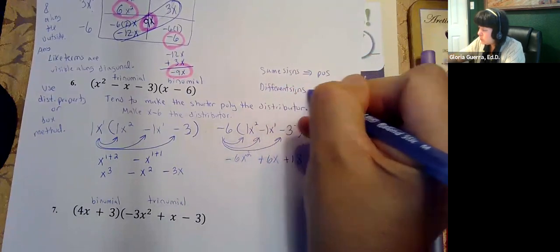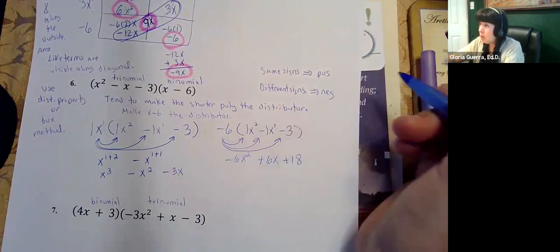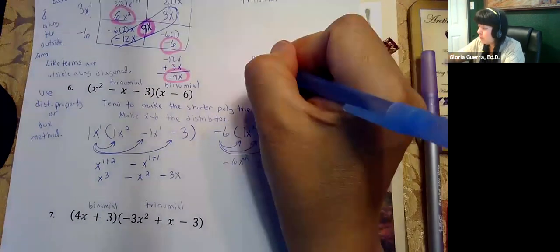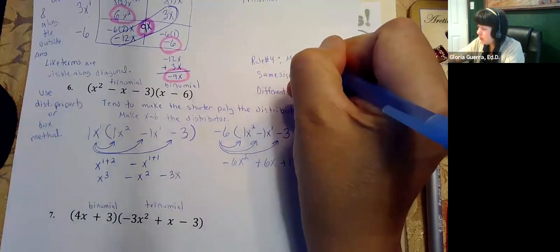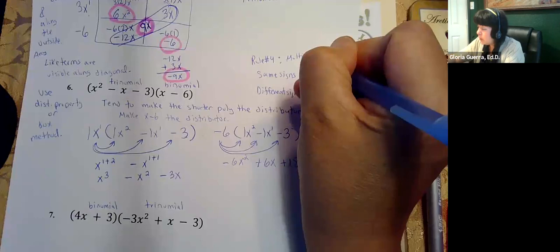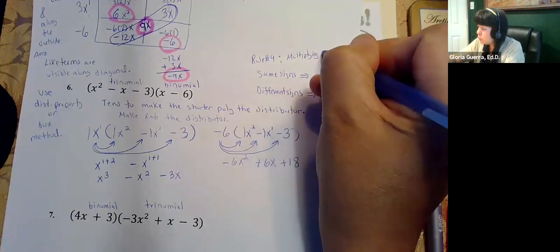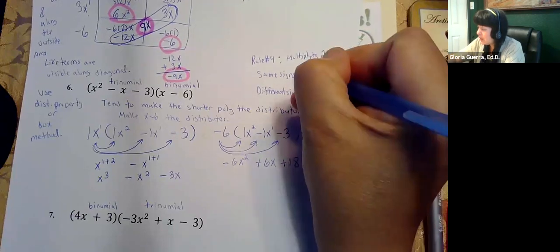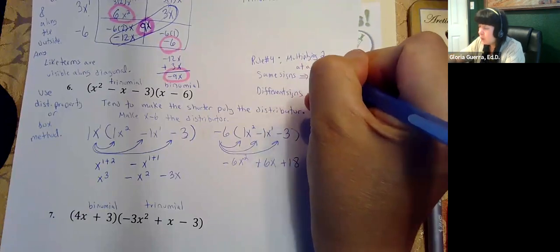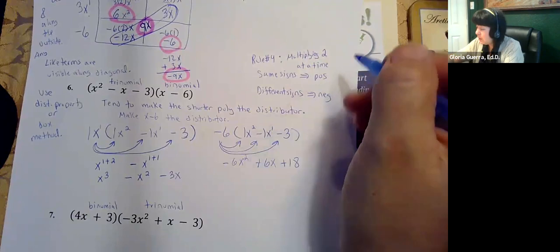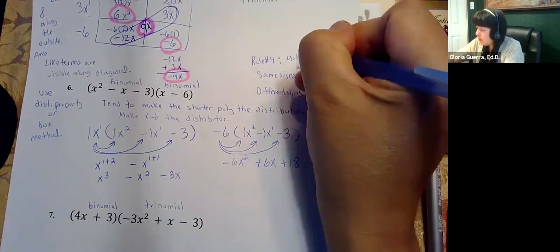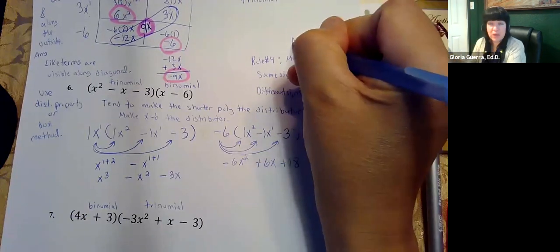Different signs produce negative results. Remember, that's what we called rule number 4, and that's when you're multiplying or dividing two at a time.